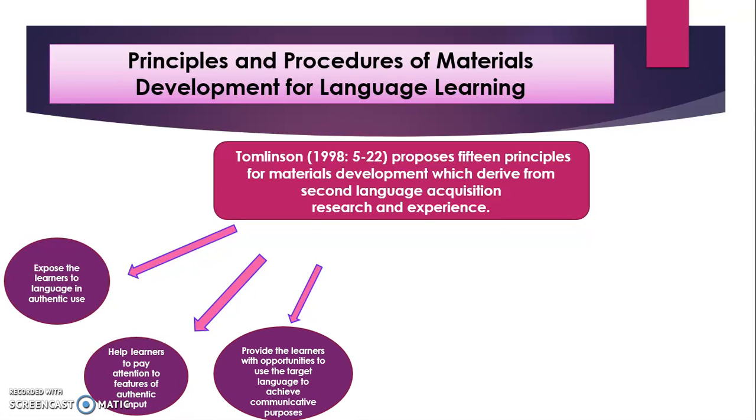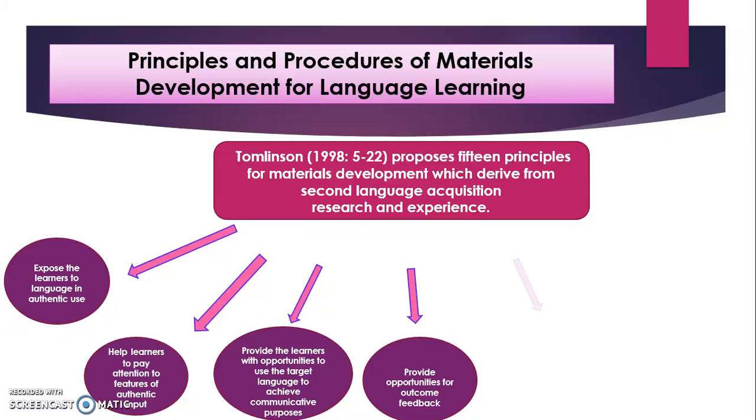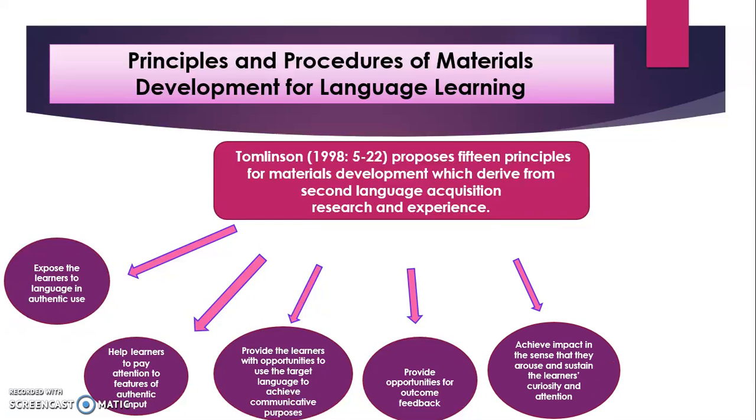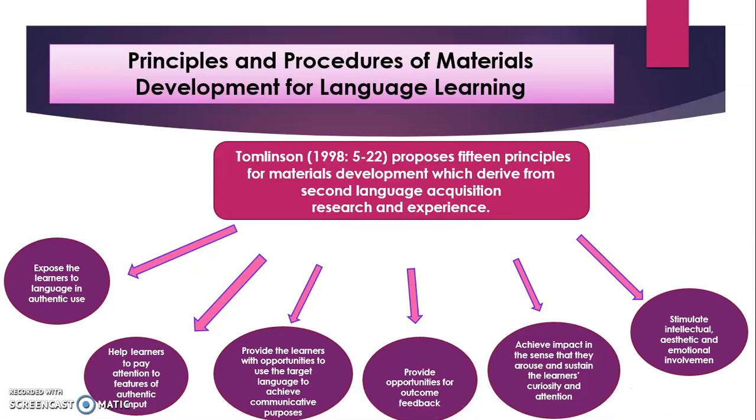Provide the learner with opportunities to use the target language to achieve communicative purposes. Provide opportunities for outcome feedback. Achieve impact, in the sense that they arouse and sustain the learner's curiosity and attention. And lastly, stimulate intellectual activity and emotional involvement.